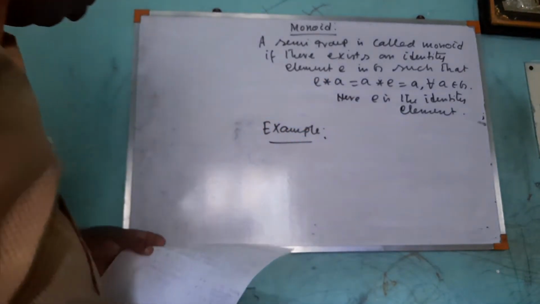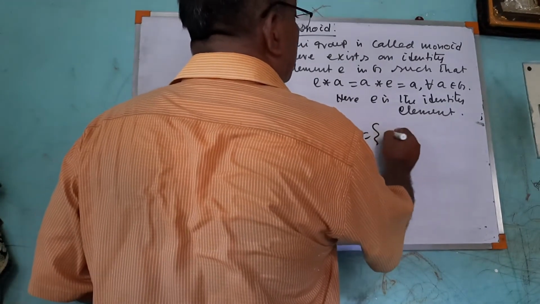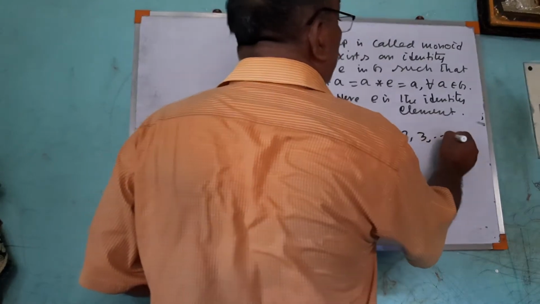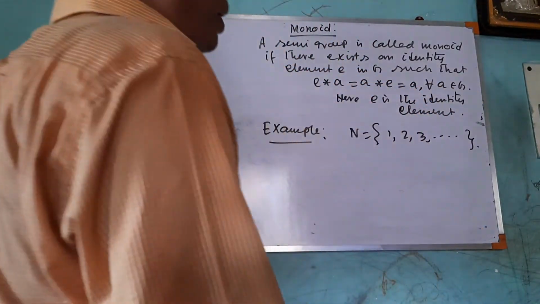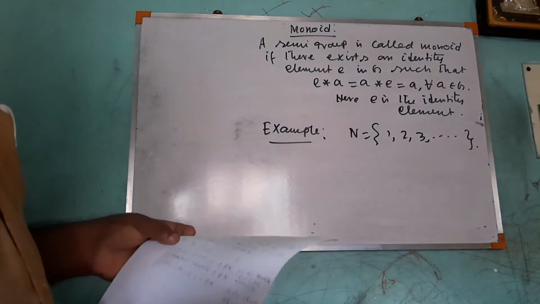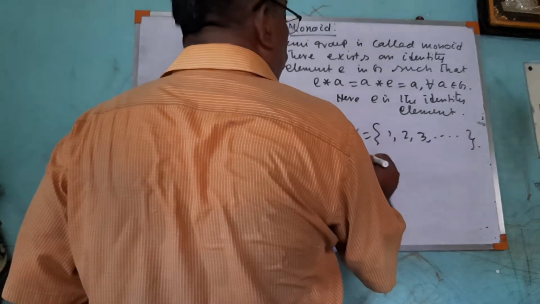Actually, say for example, N for natural numbers, that is 1, 2, 3, and so on. A belongs to G, small a, where a is an element of the set. Suppose I am taking an element 2.